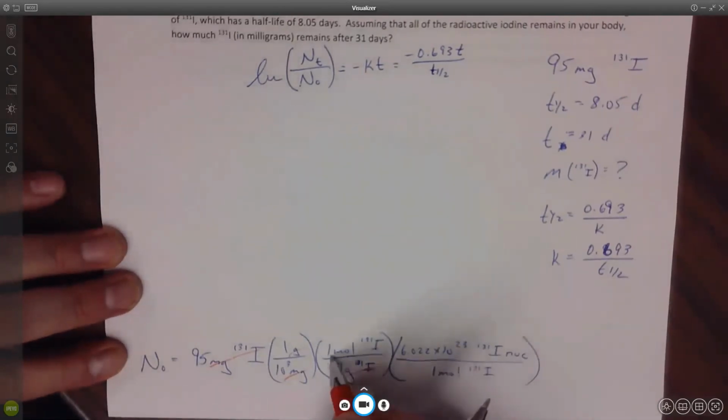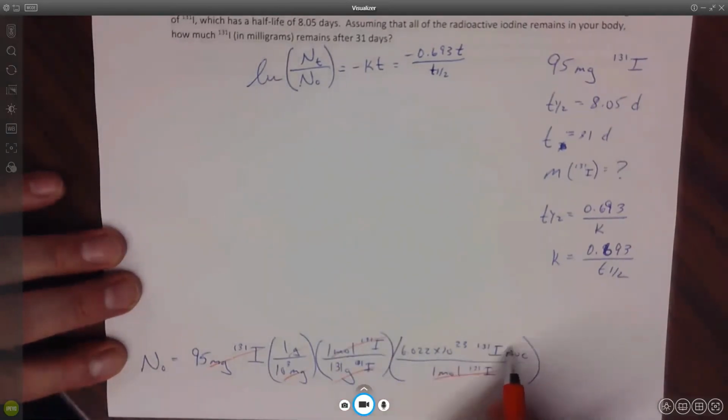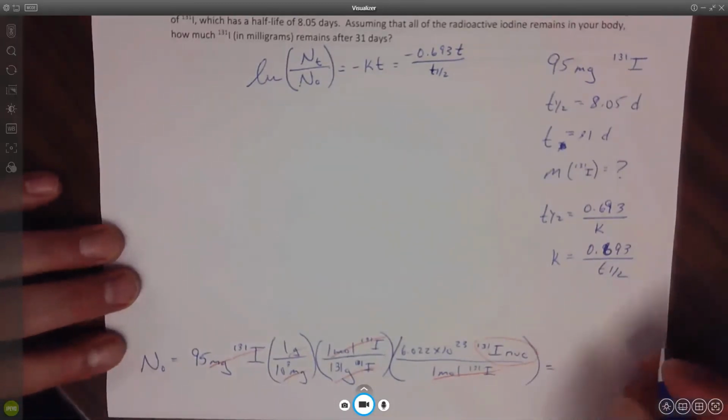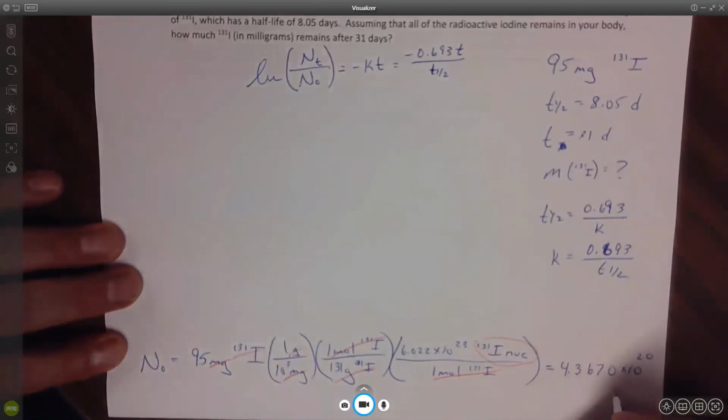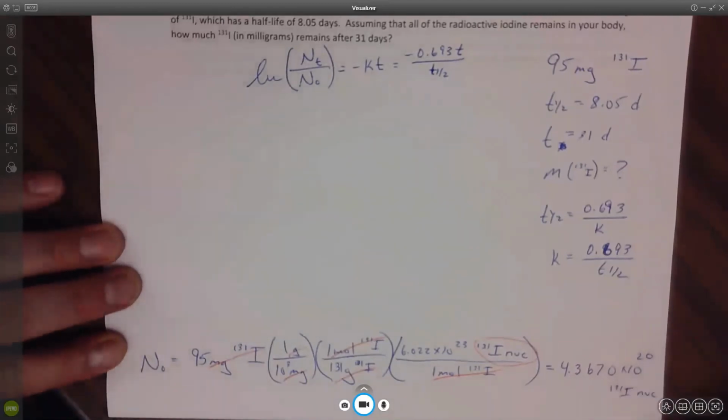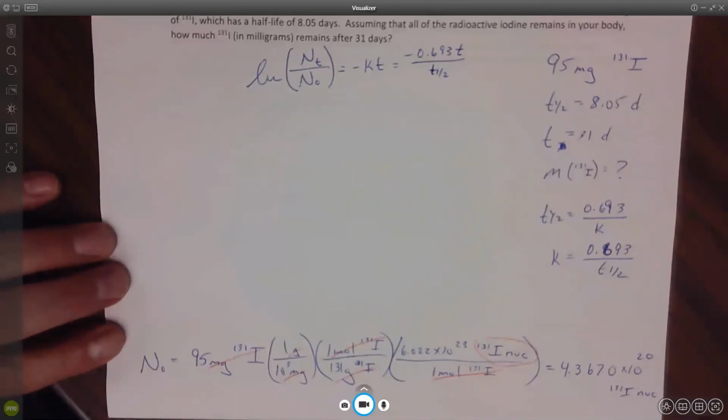So now the moles cancel, and I have the individual number of nuclei. You'd plug that into your calculator, and you'd get 4.367 times 10 to the 20 iodine 131 nuclei.